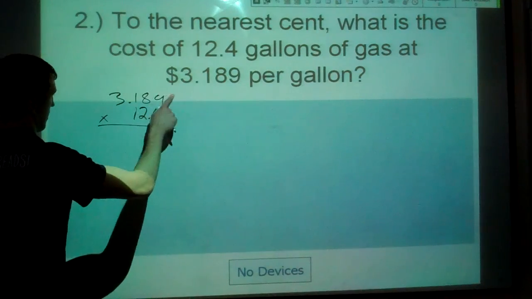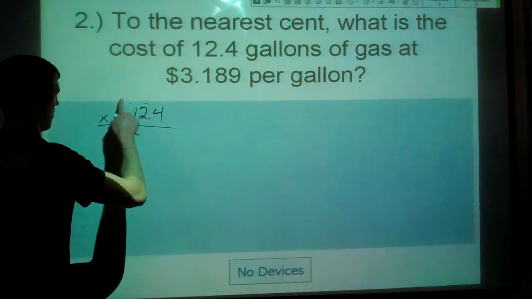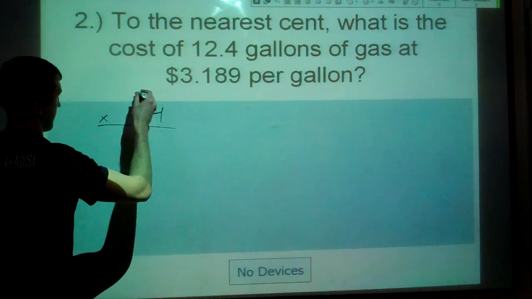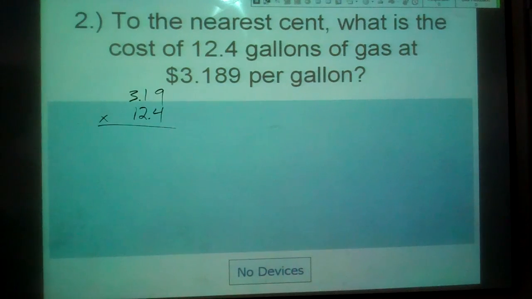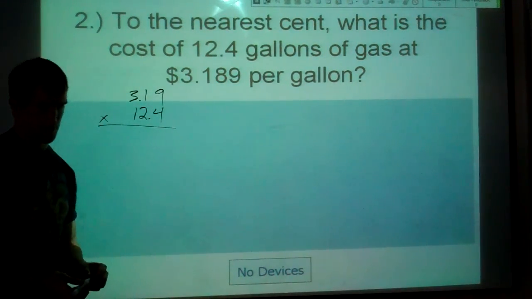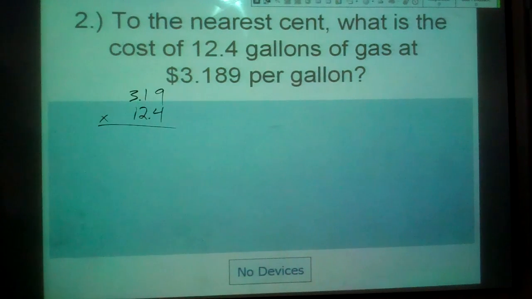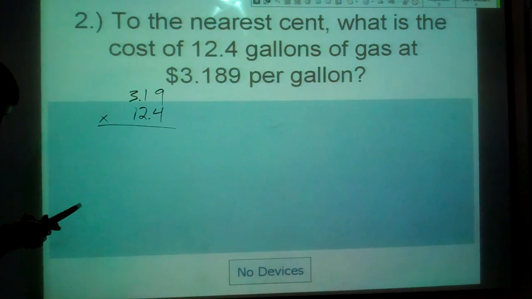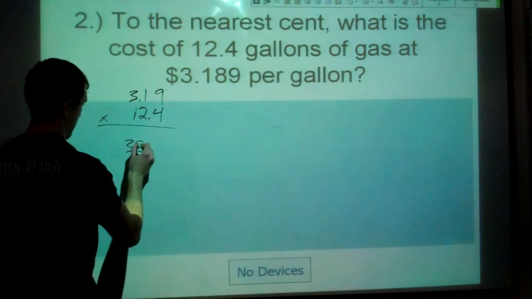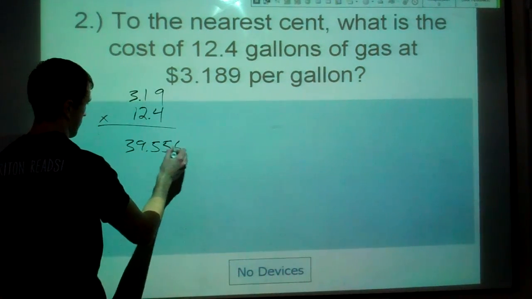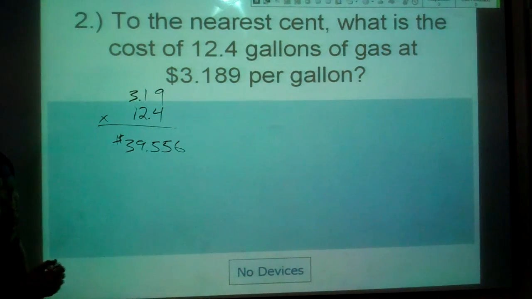Some of the students today decided just to round this to $3.19. That's fine too. Get an answer rounded to the nearest cent. Either way, let me grab my calculator quick. So 3.19 times 12.4, $39.556 is what we get, but we want to round it to the nearest cent.